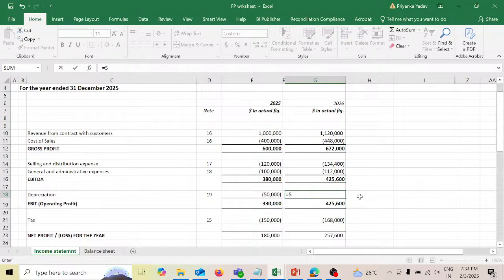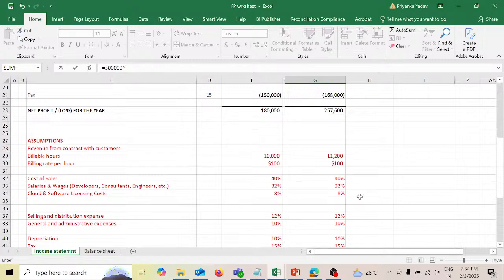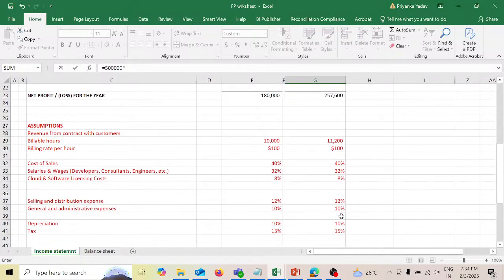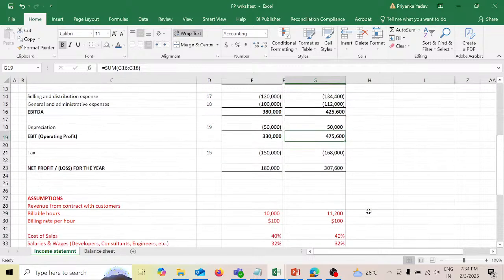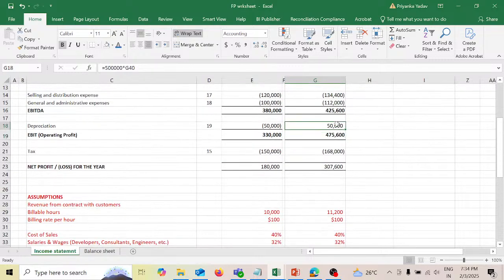In the actual figures of last year, I have it as 5 lakh. So depreciation will be 10% of your existing fixed asset, and again we'll make it negative so that the impact on the total is correct.